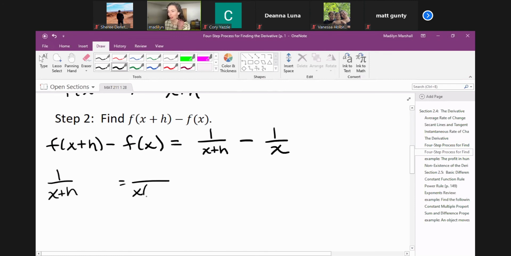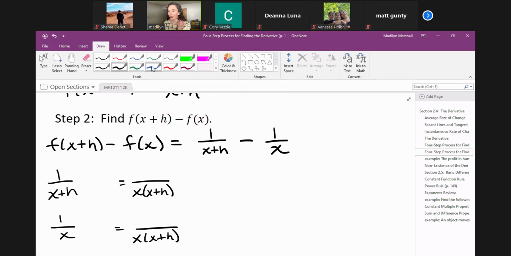So if we need to change our two fractions so that they have that common denominator, the 1 over x plus h will just multiply by x on top and bottom. And we get x in the numerator.